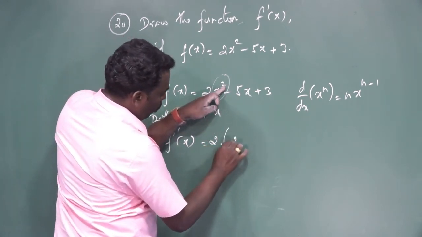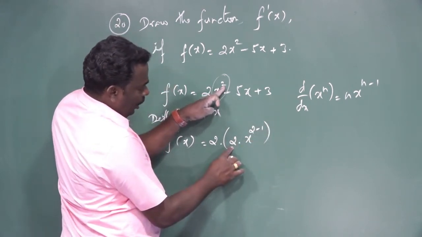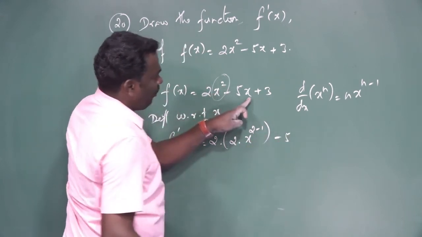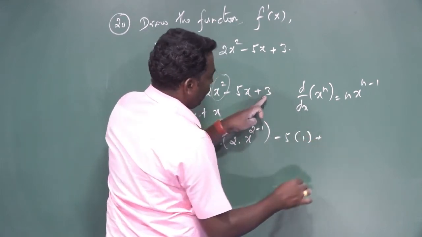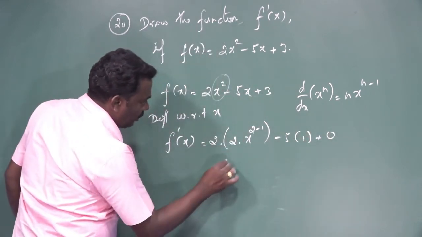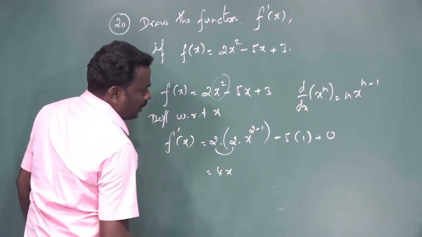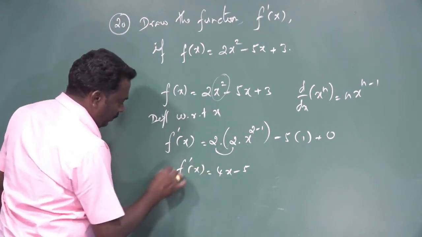Therefore it is 2 into 2 into x power 2 minus 1, minus 5 into the differentiation of x with respect to x, which is 1, plus the constant term as 0. It is equal to 4x power 2 minus 1, which is x, minus 5, and this is f dash of x.